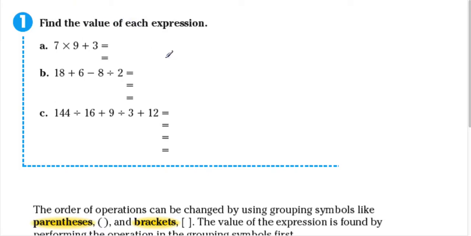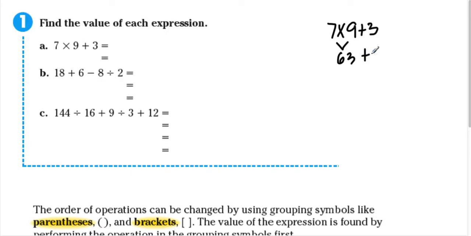Let's take a look at example number 1. Find the value of each expression. 7 times 9 plus 3. Remember what we did last year. When we have 7 times 9 plus 3, we did arrows. We multiplied 7 times 9, and that is 63.